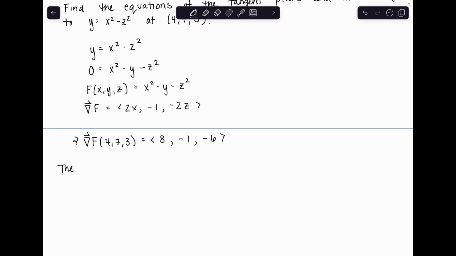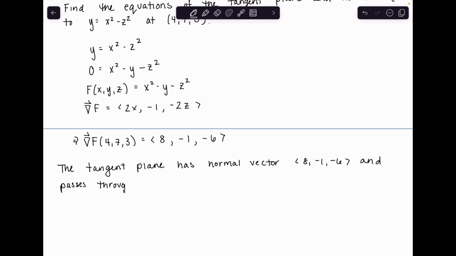So the tangent plane has normal vector (8, -1, -6) and passes through (4, 7, 3). Okay.